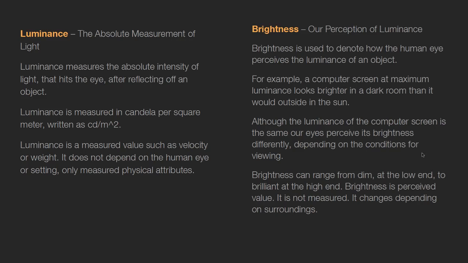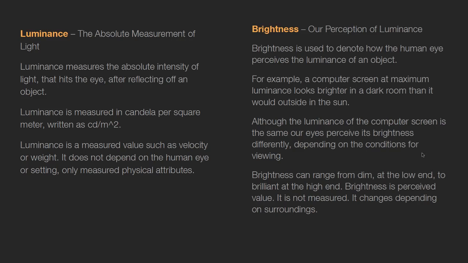And then brightness is our perception of luminance. So we can't measure brightness. I mean, there's a scale in Photoshop and Lightroom for brightness, but it's not like an absolute measurement, say like luminance is. So if you look at a computer screen at the maximum luminance, it looks brighter in a dark room than it would outside in the sun.